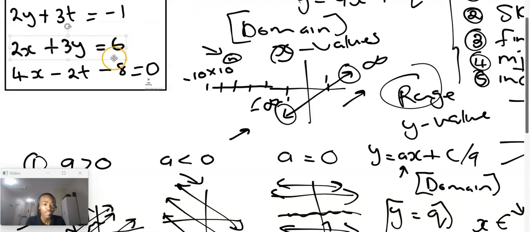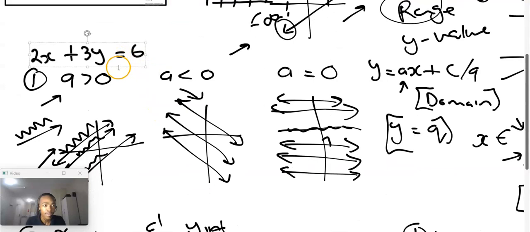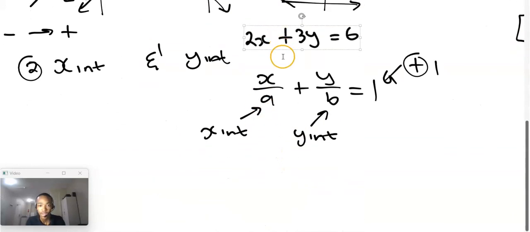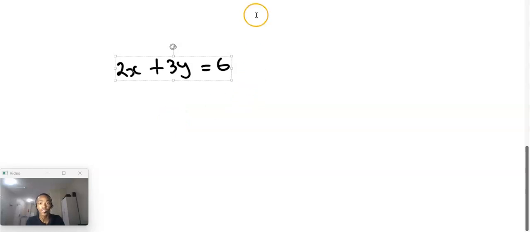Let's take this function for example. What do we notice? We notice that the independent variable is on the same side as the dependent variable.